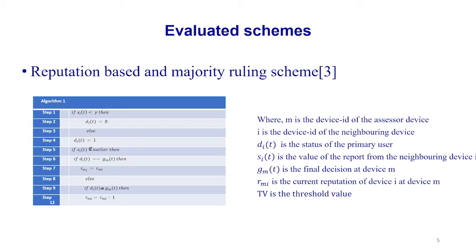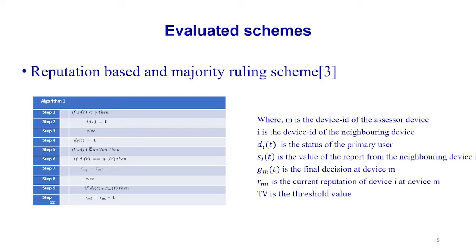If the energy of the primary user is very high, it means that the primary user is in use of that particular spectrum. But if the energy value is very low, it means that the primary user is not in use of that particular spectrum.